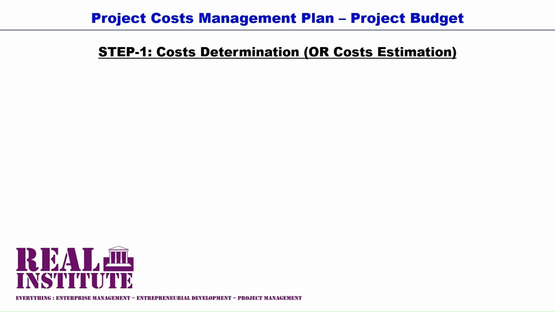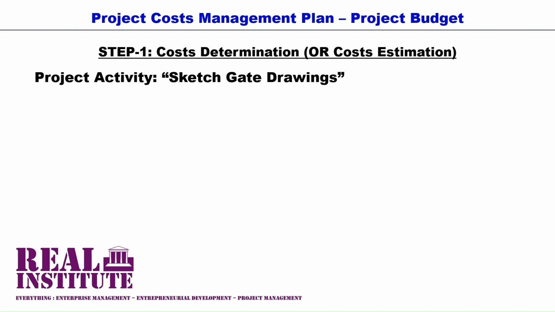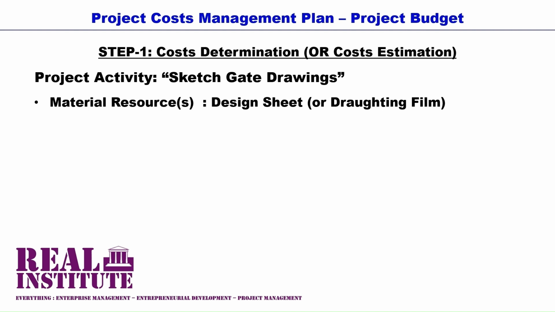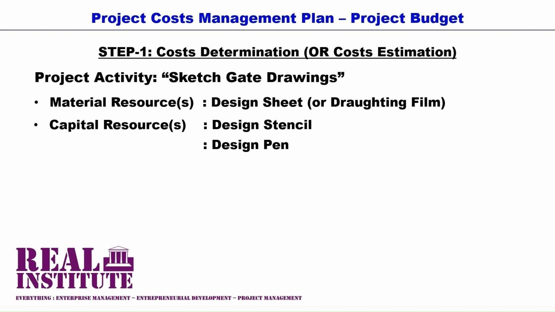Whereas with the next activity, the activity sketch gate drawings, the required resources are the design sheet or drafting film, which is a consumable resource. Also required are the design stencil and the design pens, which are the tools or the capital resources or the equipment.